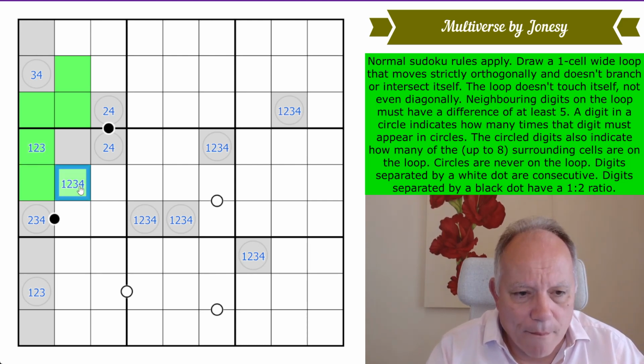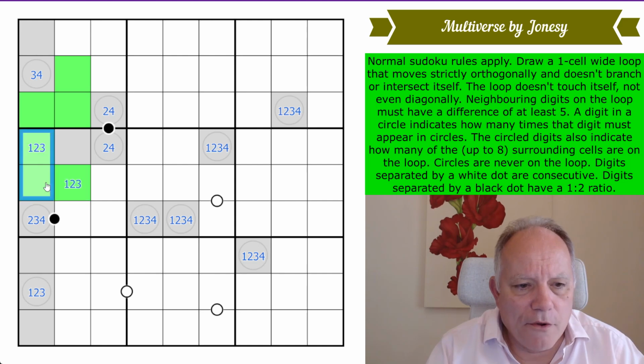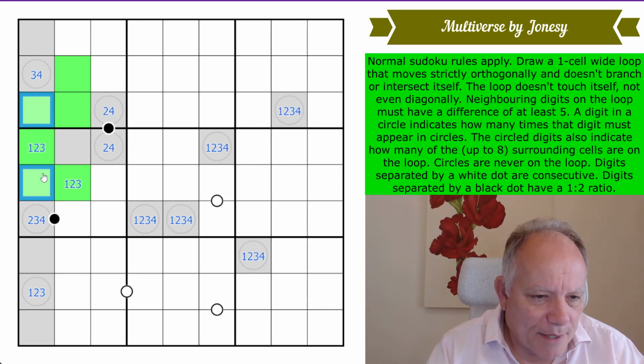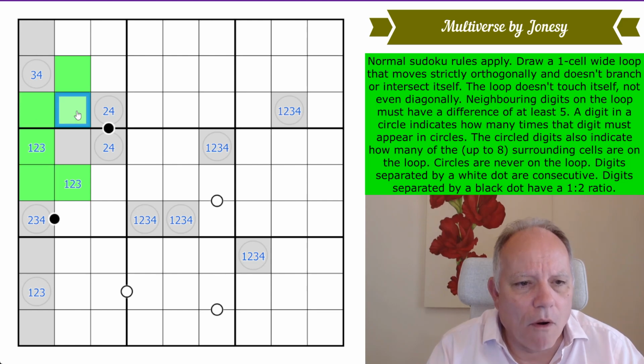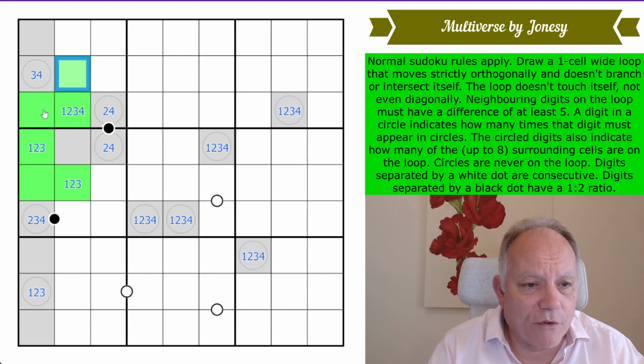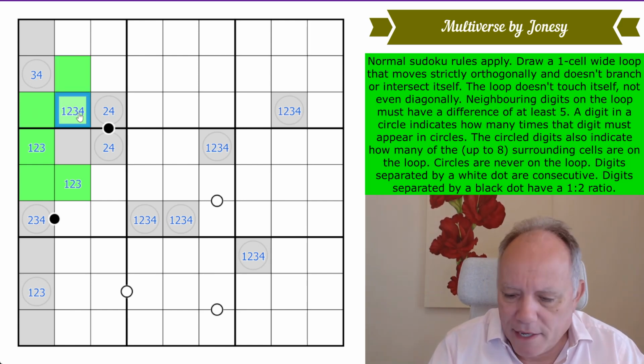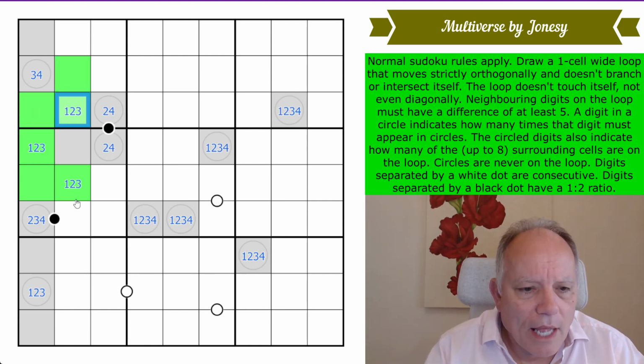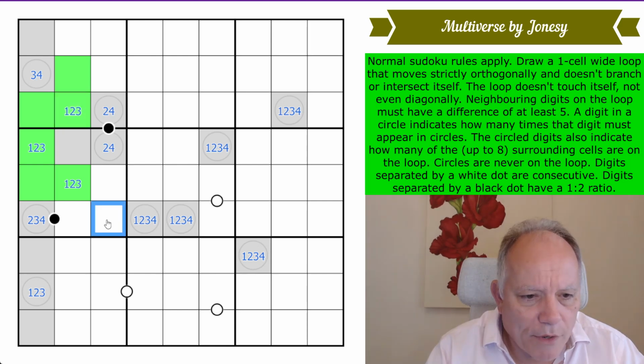In fact, that won't be 4 because the loop will continue on and the 2 neighbours will see themselves in box 4. This one has 2 neighbours seeing itself in column 1, so that can't be a 4. But this digit, which is also low, no, that can't be a 4 because it's got 2 neighbours in box 1. Interesting.